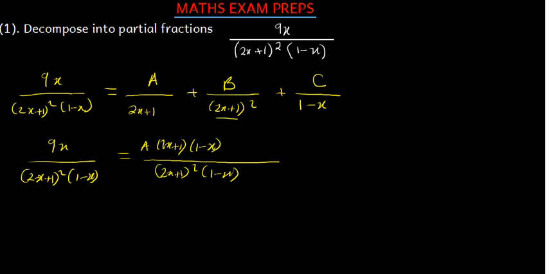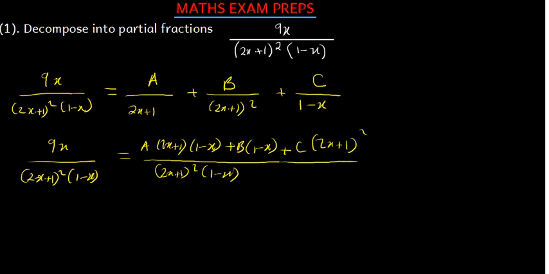Then this one remains B, so B(1 - x), plus C multiplied by (2x + 1) to the power 2.